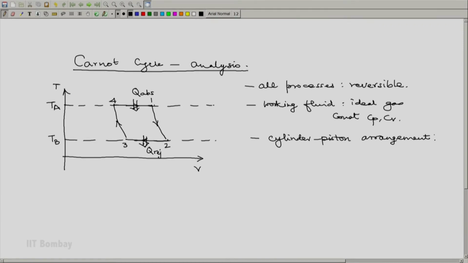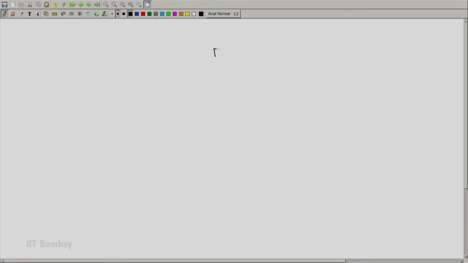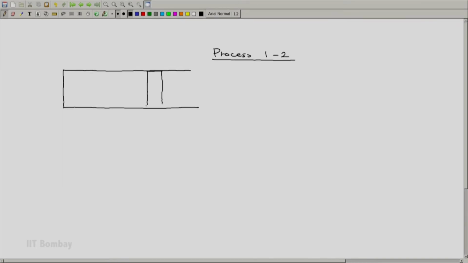Now let us look at how we are going to implement these 4 processes. We will first look at process 1-2, then 2-3, then 3-4 and then 4-1. Let us first look at process 1-2. Let me say that our cylinder piston arrangement is this.